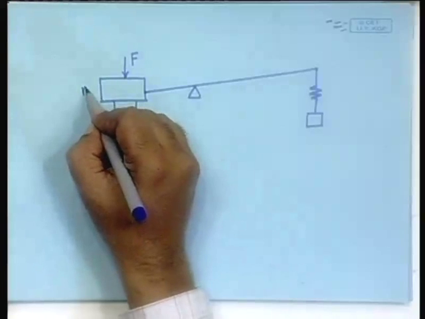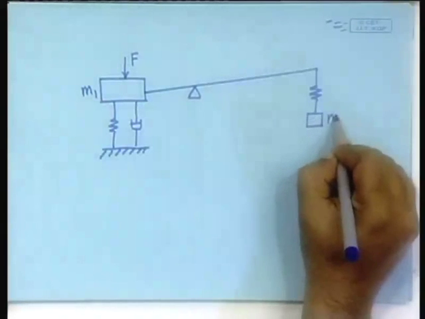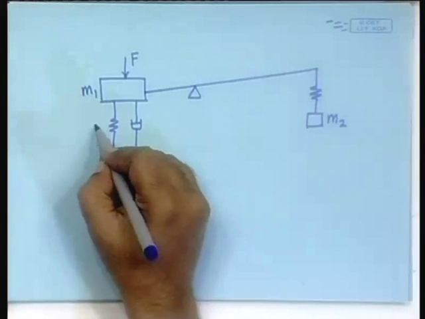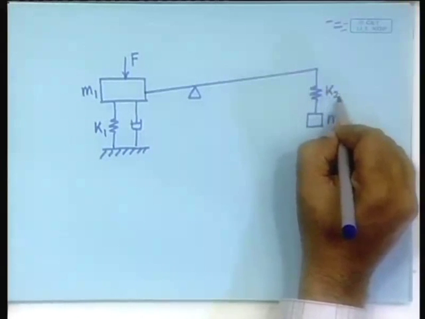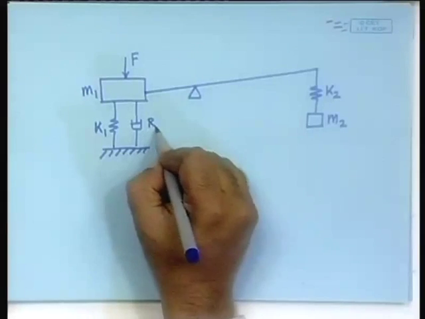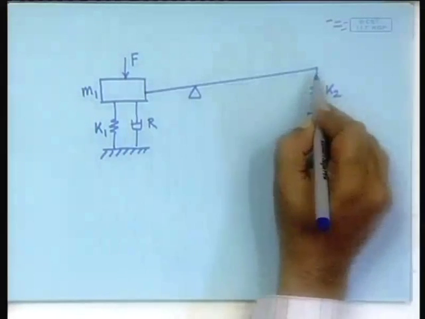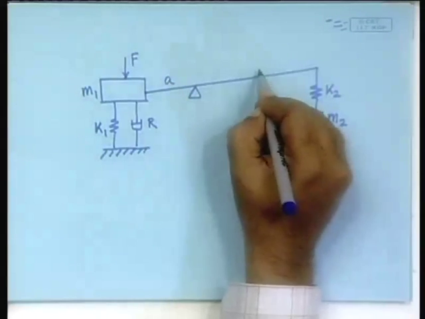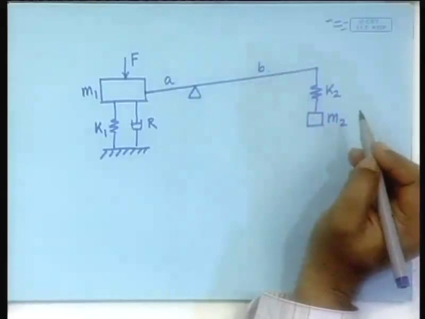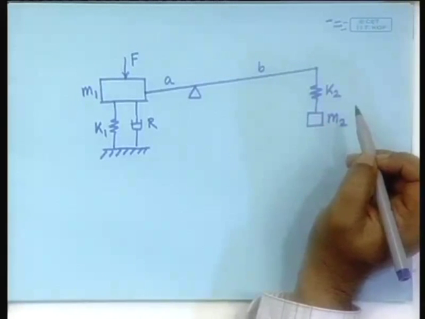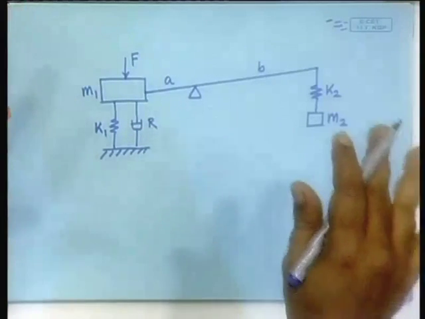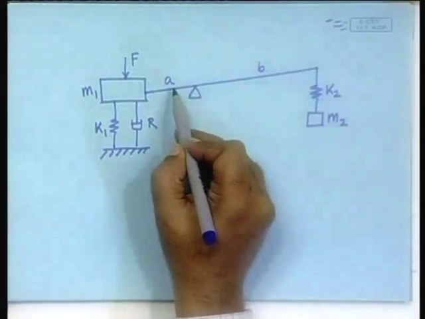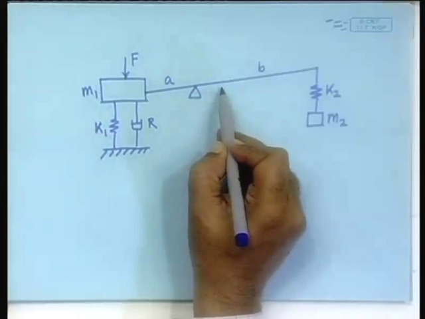So, there are two masses M1 and M2. There is the spring constant K1 and there is another K2, there is one R, and there I have to also specify the ratio A and B. For the sake of simplicity, assume that this rod will remain close to horizontal position, so that you do not really need to consider these angles.